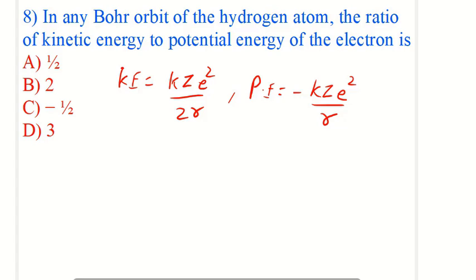So K is a constant; there are some terms we are just putting as a K constant. Z is the atomic number, E is the charge, R is the radius. Now we want to compare kinetic energy with potential energy.